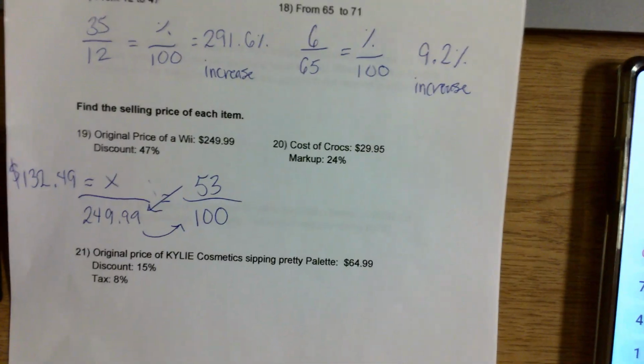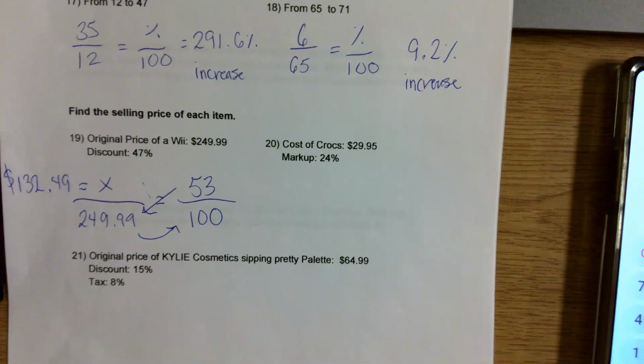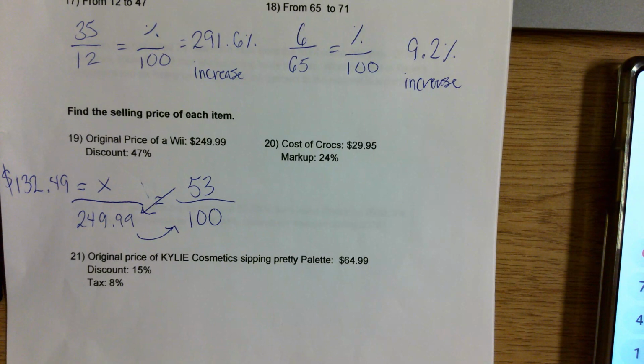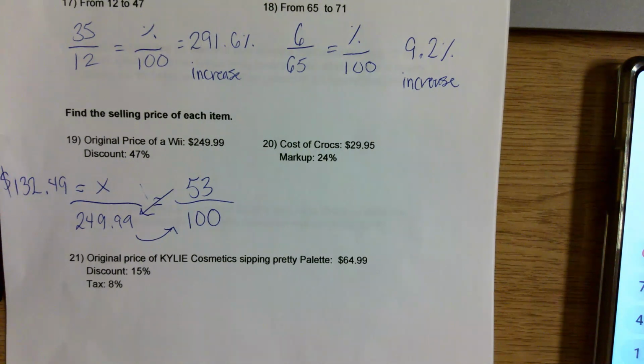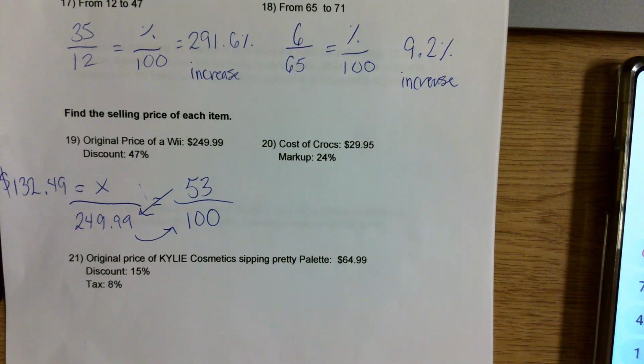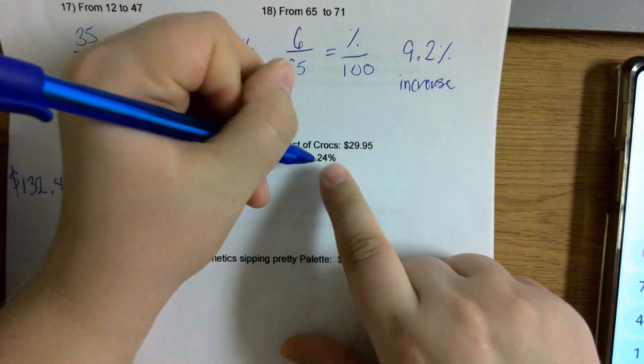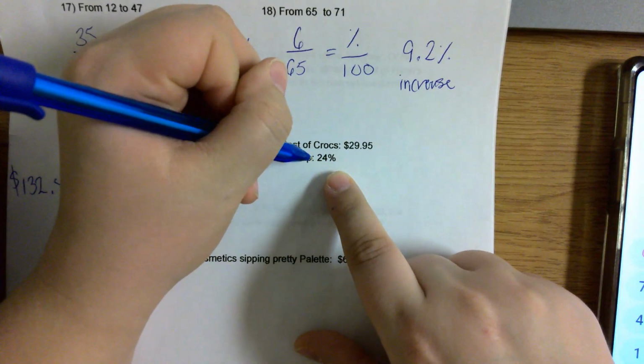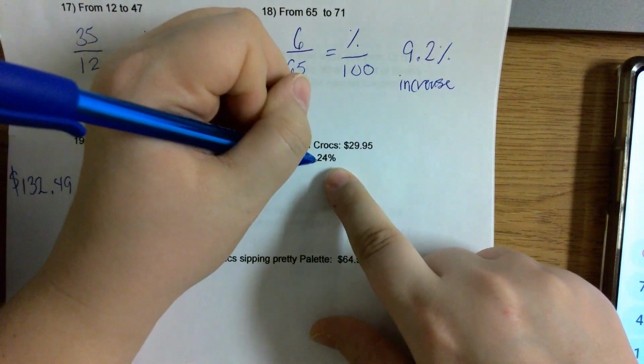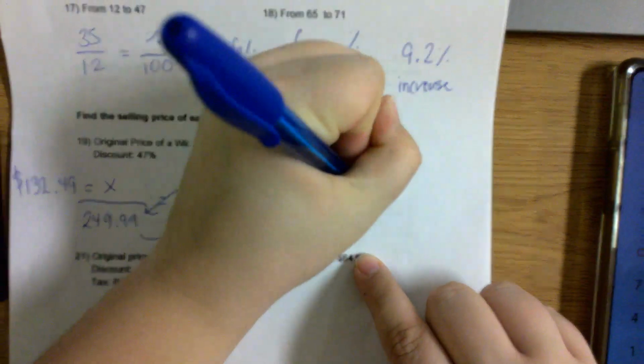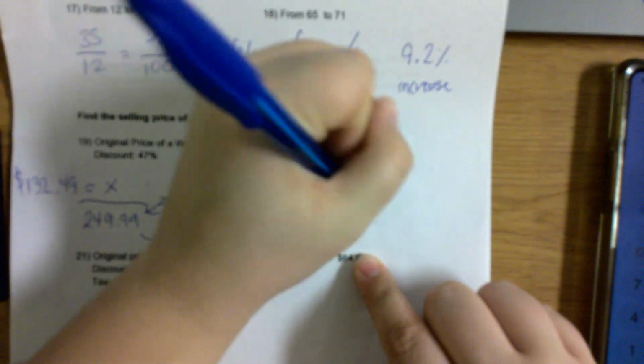Cost of Crocs, $29.95. The markup is 24%. Markup means that it's going to be more than the 100% of it. So in other words, I can either find the markup, which is 24%, or I know I'm going to pay this plus another 24%. So that's 124% over 100.